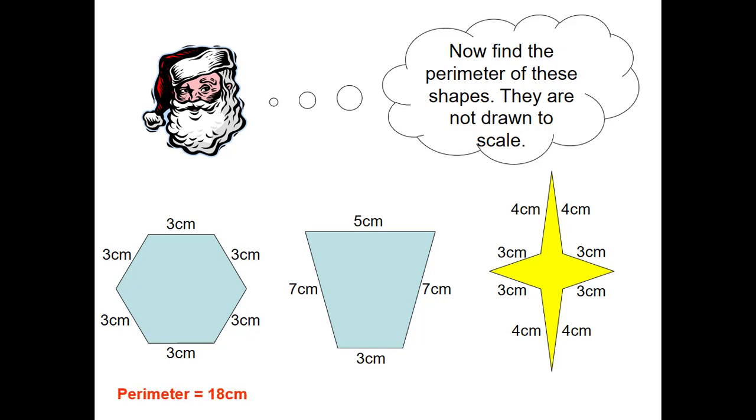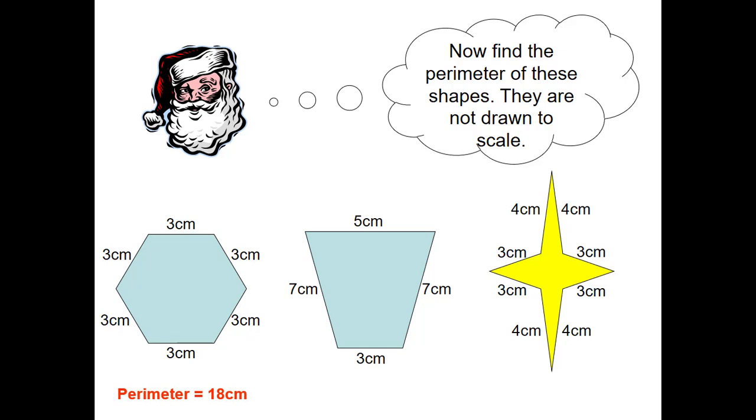The perimeter of the first one is 18 because you have to get 3 and you can add it 6 times. Or you can just say, because all the sides of a regular hexagon are equal, you can just get 6 multiplied by the number of sides.